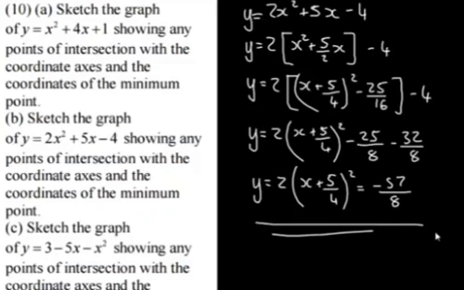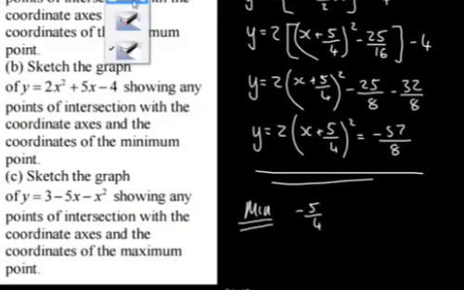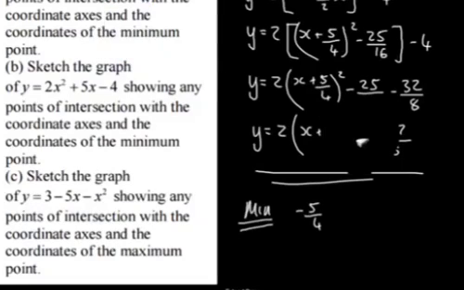So what does this tell us? Well, this tells us now that the minimum is going to have the coordinates here of -5/4, and then we're going to have, sorry, this shouldn't be an equals, should it? My apologies, let's get rid of that. That is not an equals, that should just be minus the 57/8.